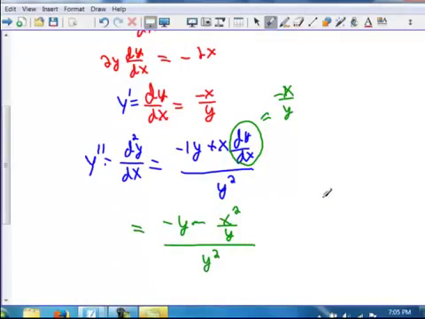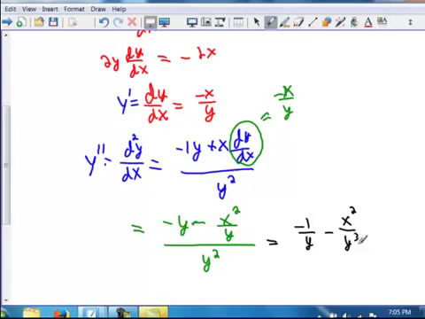That's not bad. And if we're dividing by y squared, I guess it means that this is equal to negative 1 over y minus x squared over y cubed. And that's not too bad.